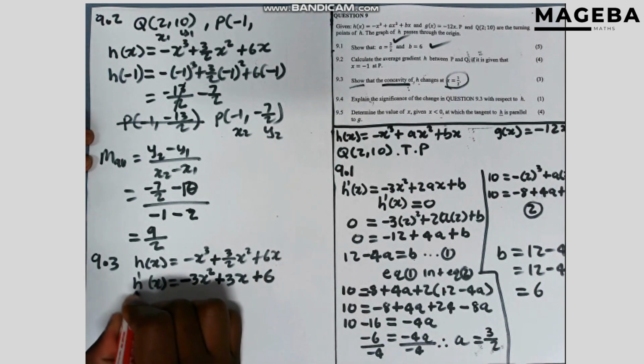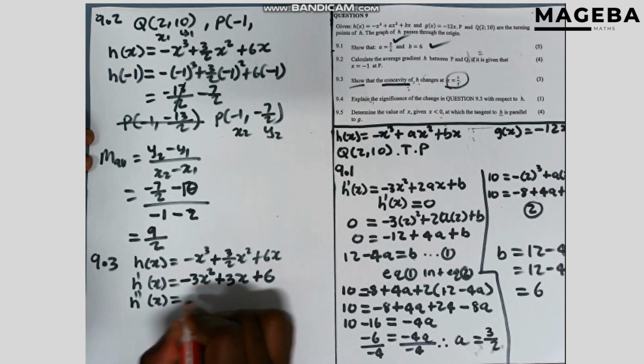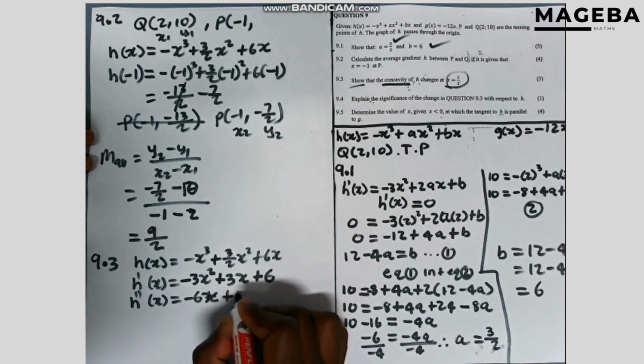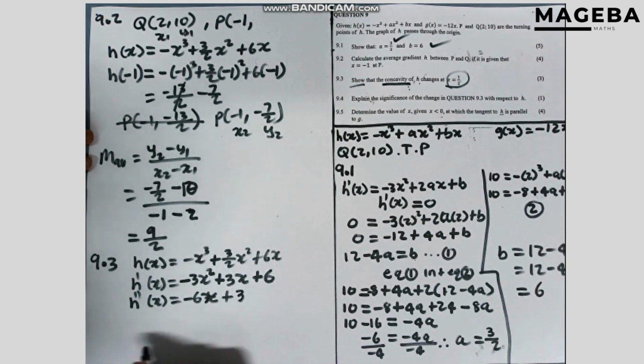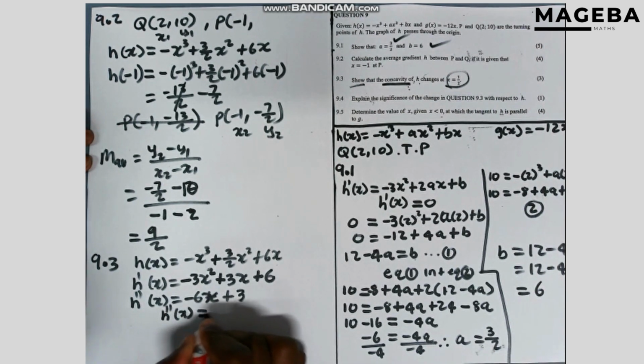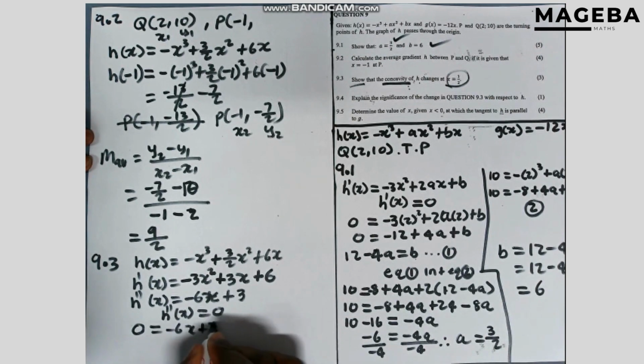Then finding the second derivative, now it's going to be negative 6x, and then plus 3. Then from there, we equate the second derivative to 0, so 0 equals negative 6x plus 3.